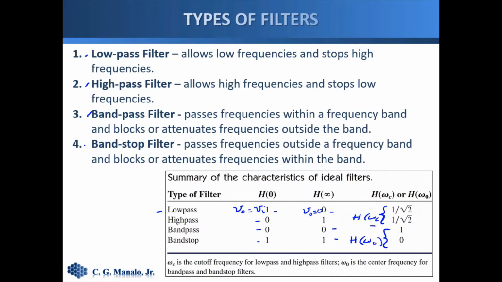At the center of the band of frequencies for a band pass, the magnitude of the transfer function tends to become 1, while for a band stop, the magnitude of the transfer function tends to become 0.